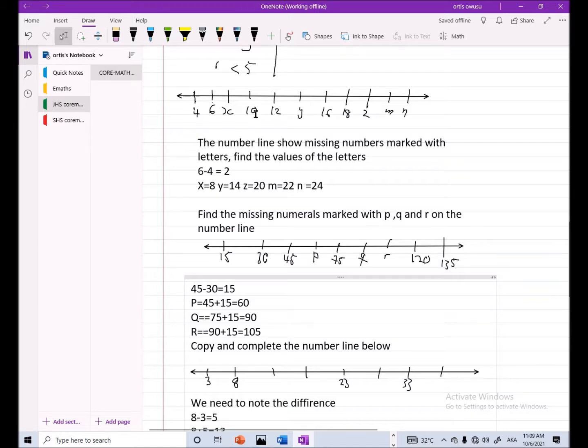You subtract 10 from 18, which will give us 8. Then the number of divisions is 1, 2, 3, 4. You divide it by 4, you get 2. Then you use it as your range and solve for the solutions. I hope it's clear.